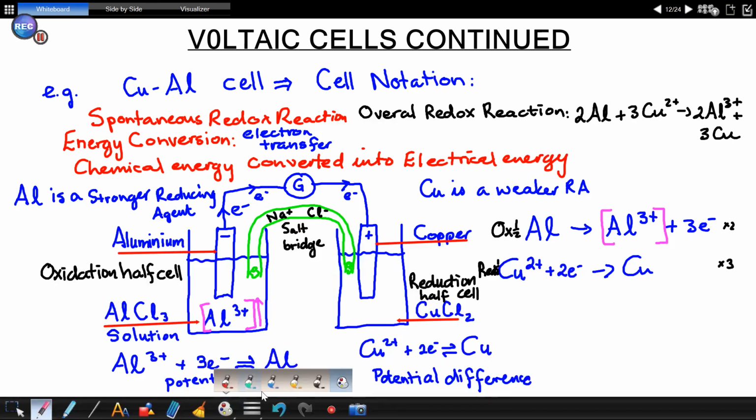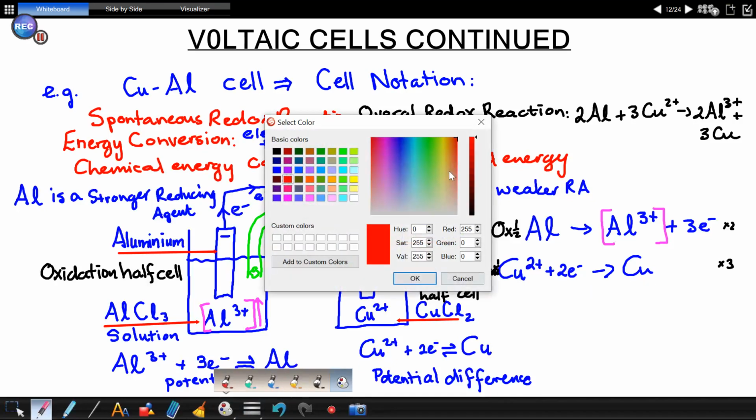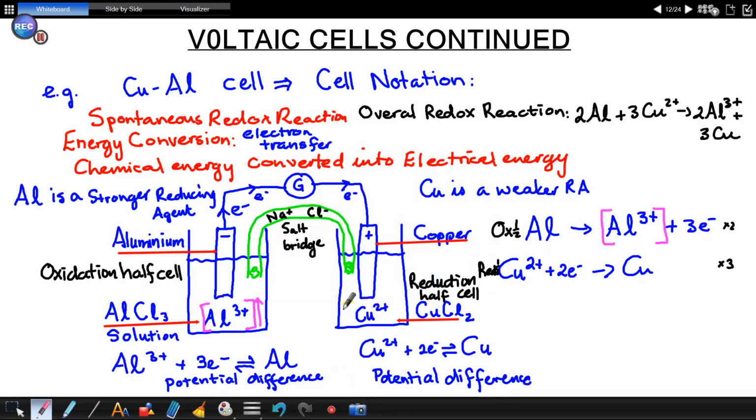The electrons go from the first solution, from the aluminium, to the copper, and when this copper electrode gets the electrons, the copper ions grab them to form copper. So what will happen to the concentration of the copper ions as the cell works, as it gives electricity?